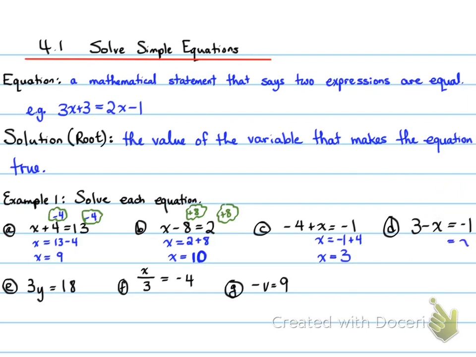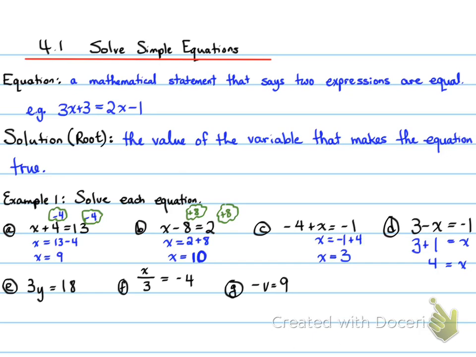So across the equal sign, x is going to be on the right side this time. What's going to be on the left? Well, we have 3. And then we have the minus 1 that's on the right now. We're going to move that over, and the minus 1 will become plus 1. So 3 plus 1 is going to be, that's right, 4. So that means that our x is equal to 4. And we're just reading this backwards.